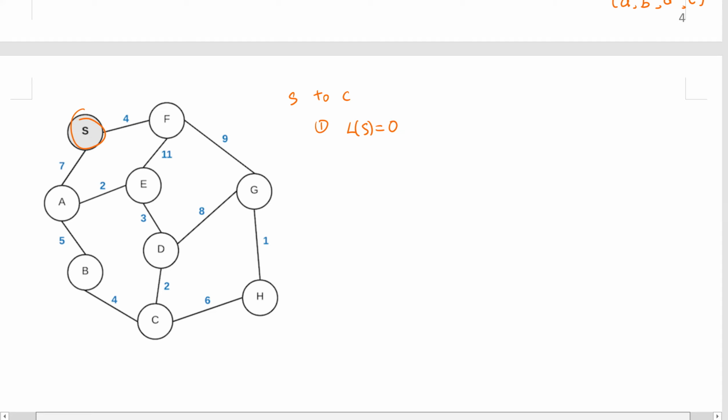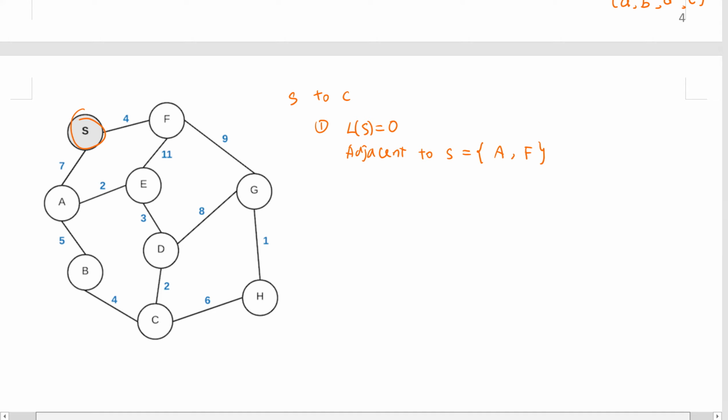Circle it. Oops, it looks like it's already circled, but I hope you can see my color, orange. Okay, and then we find the vertices that are adjacent to S. We have A and F.